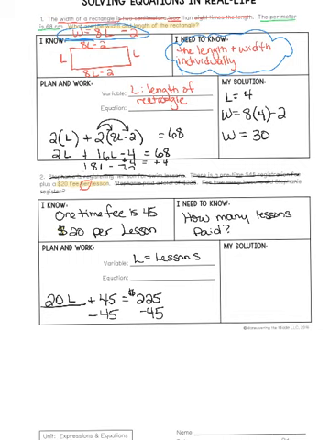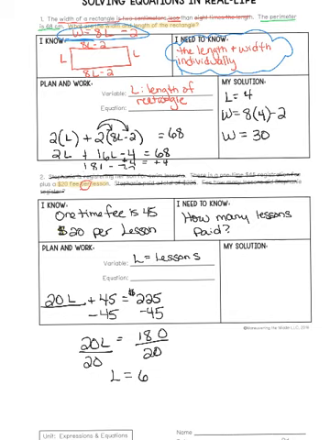That leaves us with $180. Just like the splats, right? We remove the constant number, and now we have to divide that 180 between 20 bucks each. So how many? Lessons equals 6.